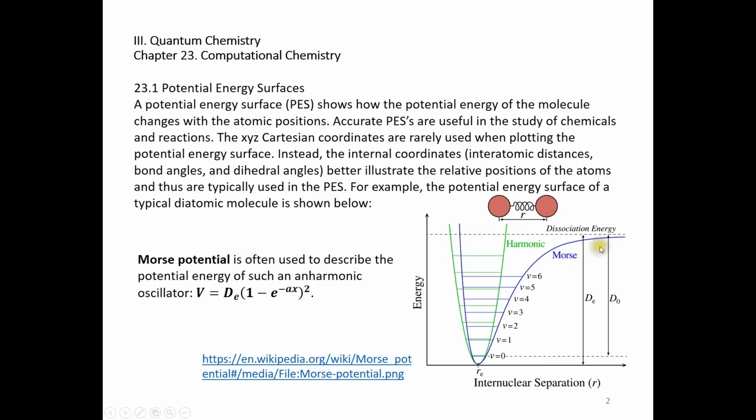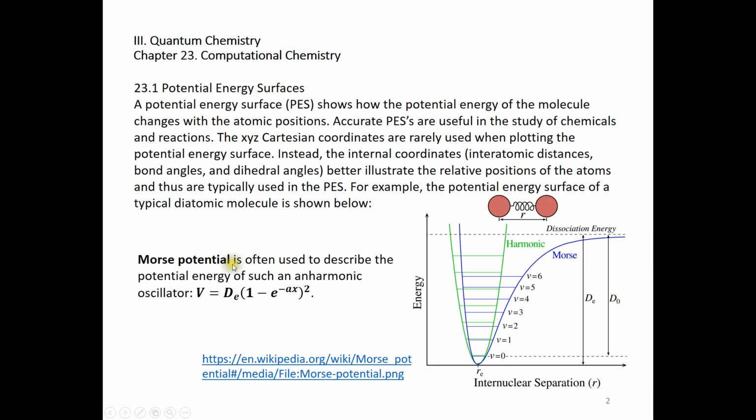The blue one is much more realistic. This is the Morse potential. And over here we can see the dissociation energy at this dashed line. And we have D sub E, the depth of the potential energy well, and D sub 0 as the bond energy.